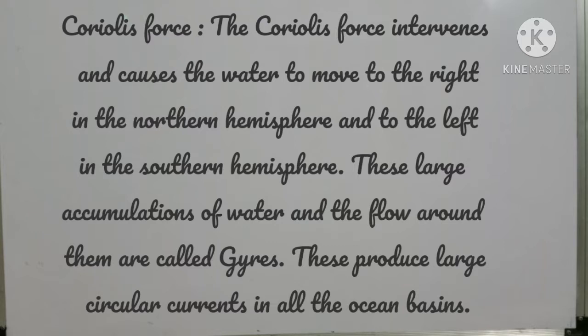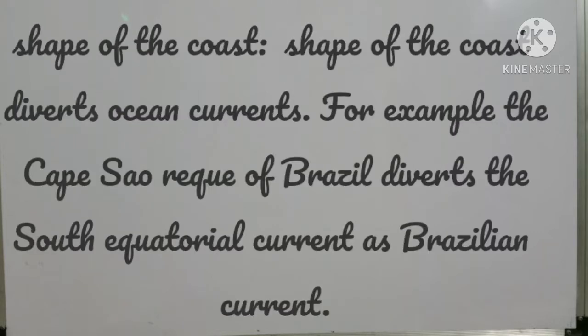Now let's see what the secondary forces are and how they are affecting. One of these secondary forces is the shape of the coast. The shape of the coast diverts ocean currents. For example, Cape Sao Roque of Brazil diverts the South Equatorial Current as the Brazilian Current.